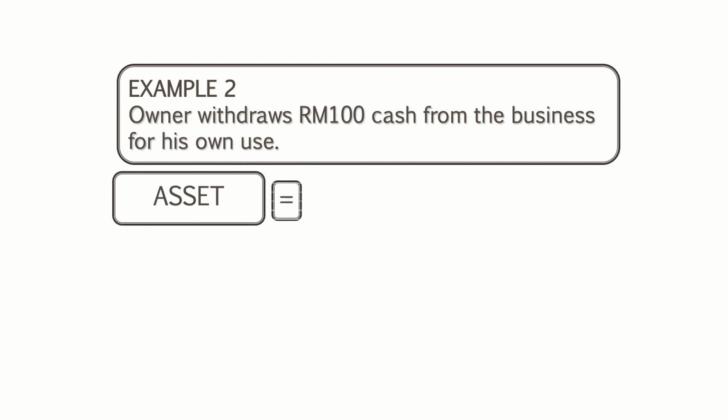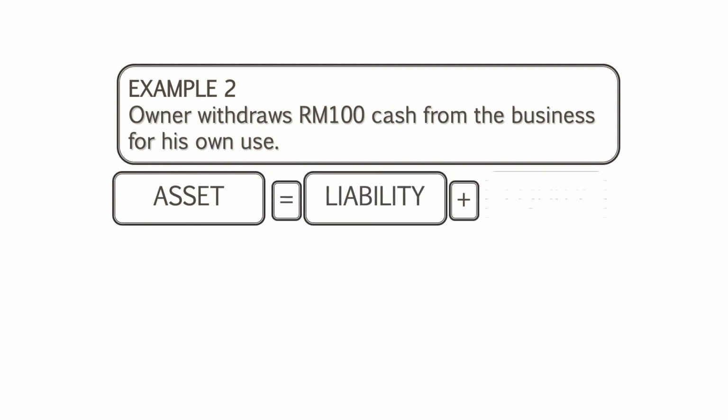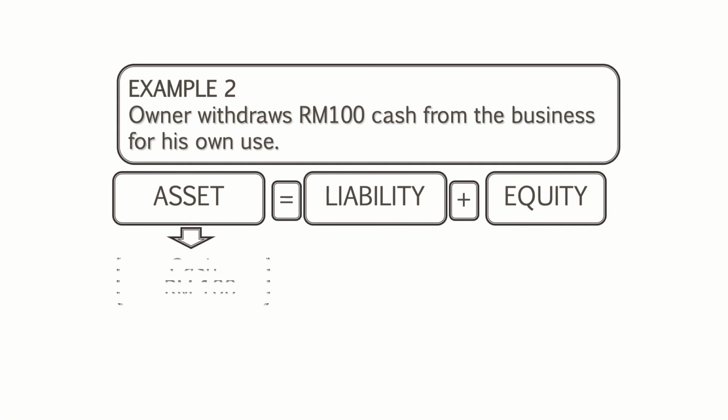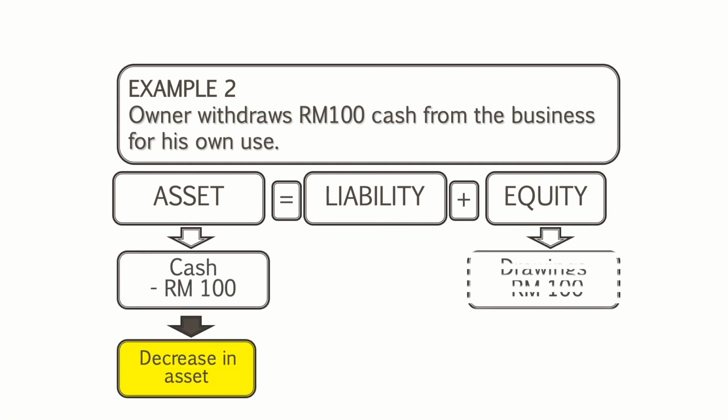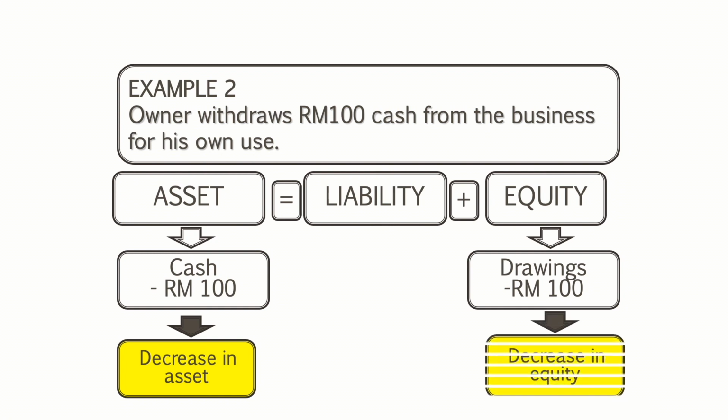So we have to minus 100 from the asset part under the item of cash. At the same time, in the equity part, we have to minus 100 ringgit also under the title drawings. From this transaction, we can see that a decrease in asset will decrease equity also.